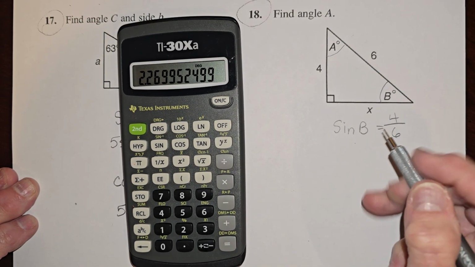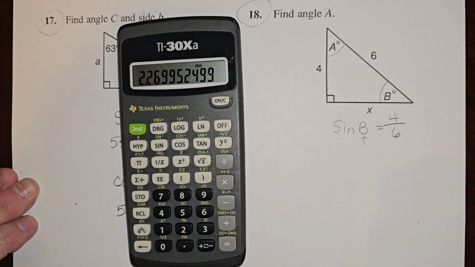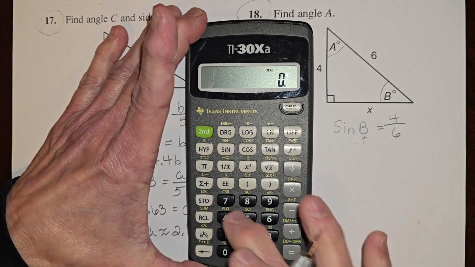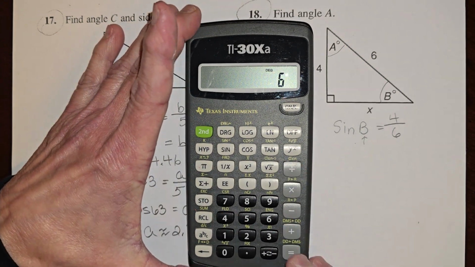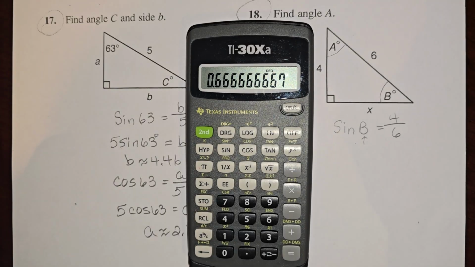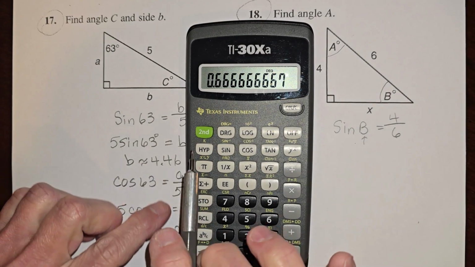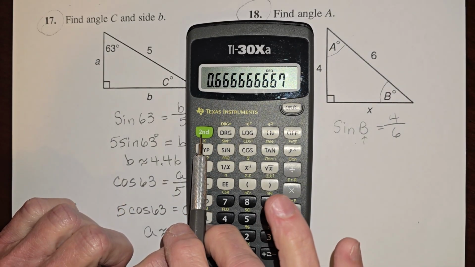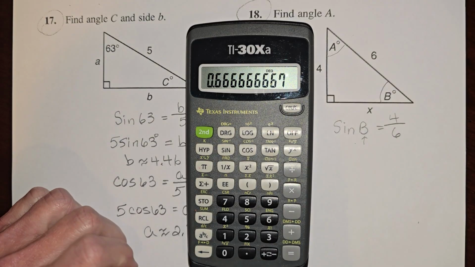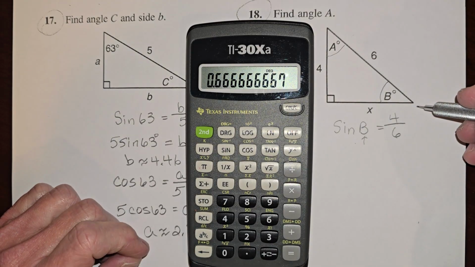So when the angle is what's missing, you're going to use inverse sine. So I'm going to take my calculator. I'm going to hit 4 divided by 6 equals. All right, that's this number. And now instead of hitting sine, because I'm not taking the sine of that, I'm going to hit inverse sine, which means I'm going to hit the second function key and then sine, because that's going to tell me the angle whose sine is 4/6, because that's what I'm looking for.